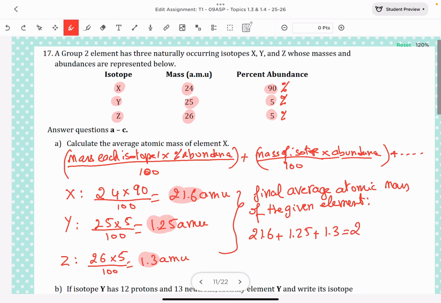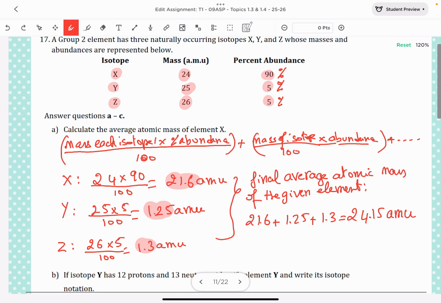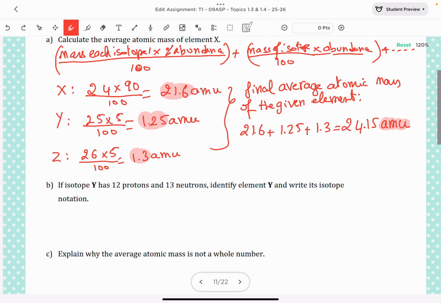And the final answer would be 24.15 AMU. So that is the answer to the question, the average atomic mass of the element. And of course, whenever we write an answer, it should always be followed by the appropriate unit.